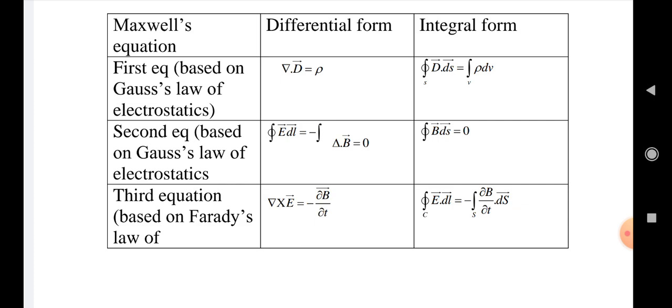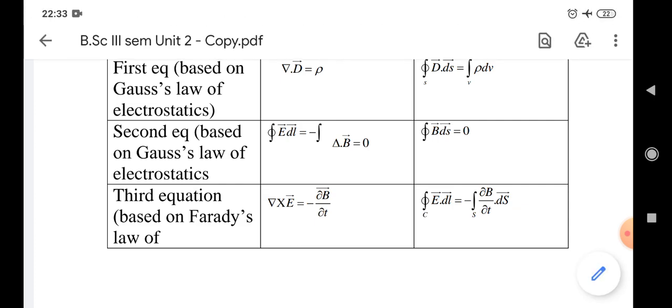In integral form, the closed surface integral of B bar dot dS bar is equal to 0, meaning the closed surface integral of the magnetic induction B bar is equal to 0.